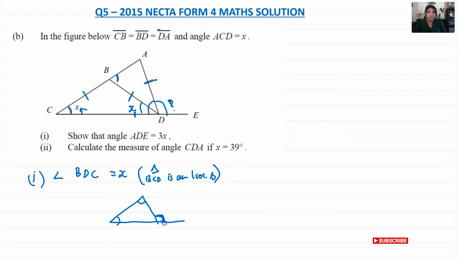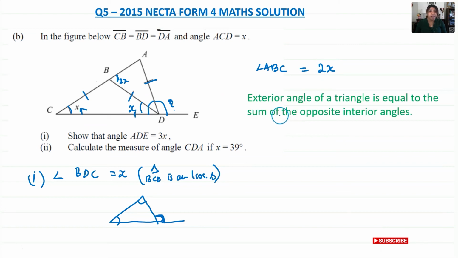So this one is called the exterior angle, and these two are the opposite interior angles. That's why we say this one is 2x. So angle ABD is equal to 2x because you add those two. And the reason, make sure you make a note of it, is that the exterior angle of a triangle is equal to the sum of the opposite interior angles.